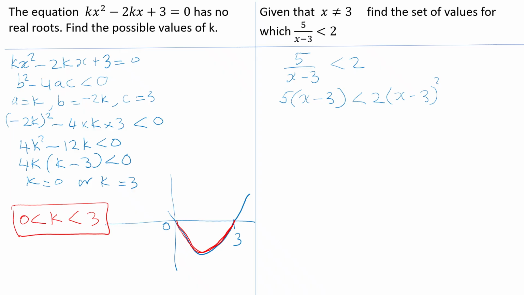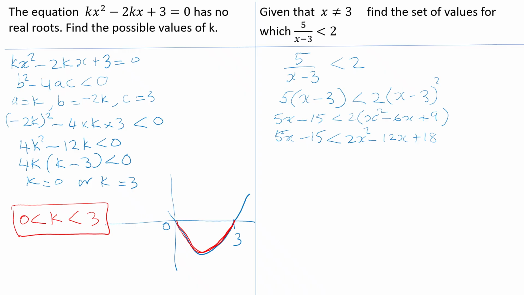Now expand the bracket. So 5x minus 15 less than 2 times x squared minus 6x plus 9. Now multiply by 2: 5x minus 15 less than 2x squared minus 12x plus 18.